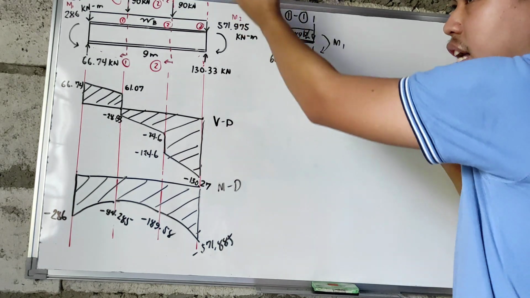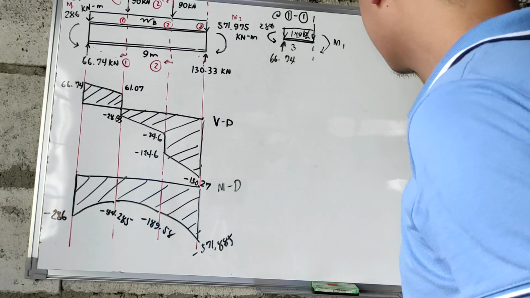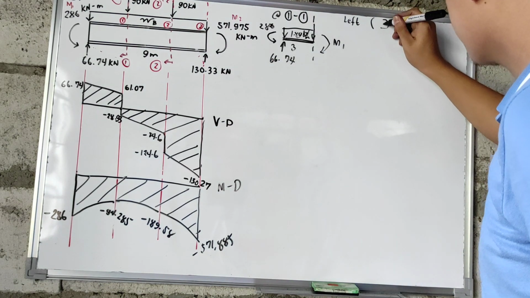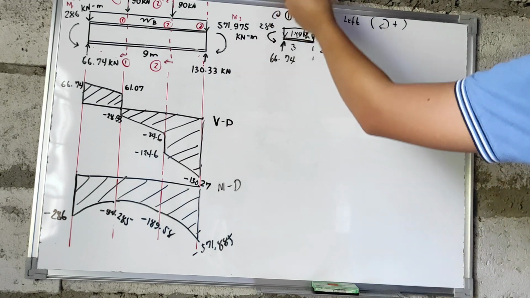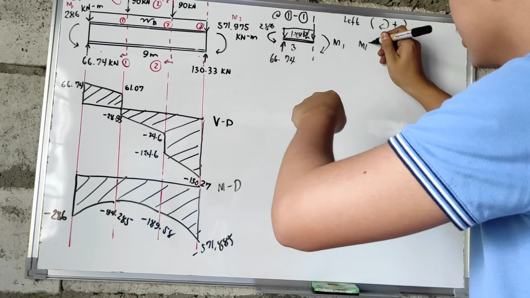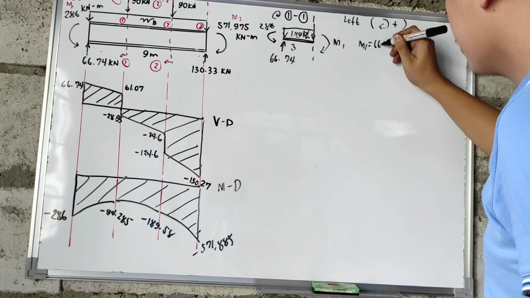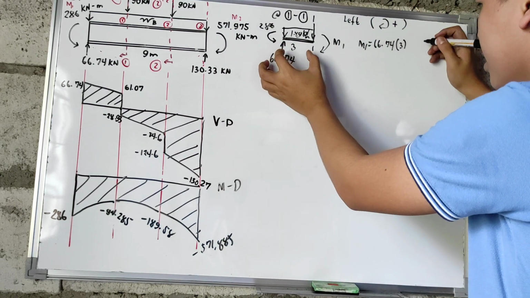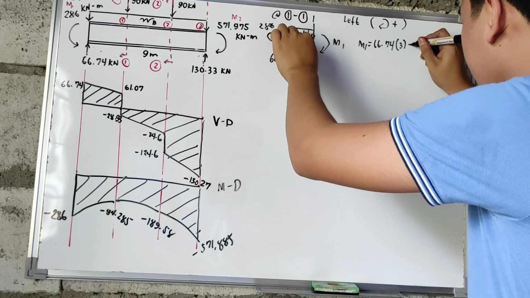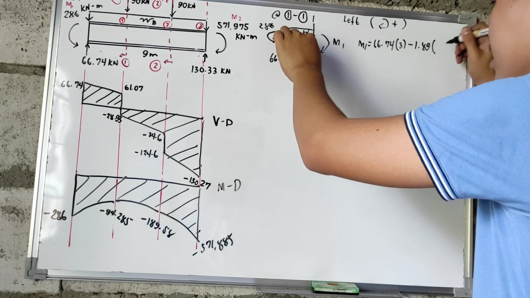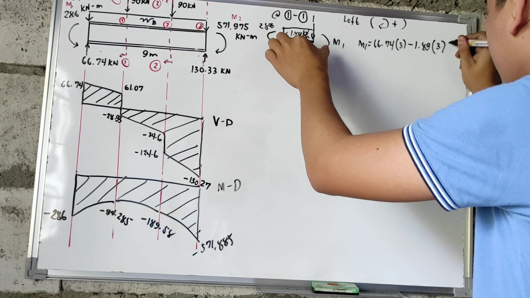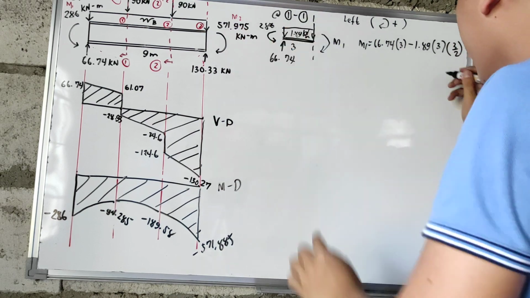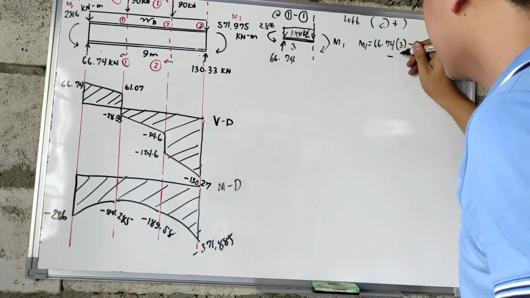So, since na-consider tayo ng left section, kapag sa left section, yung clockwise, positive yan. Okay? Since yung natin dito, clockwise yan, 66.74 multiplied by 3, kasi dito tayo magmo-moment, minus etong 1.89 times natin yung 3, times natin yung kalahati ng 3, minus etong moment natin na 286 since it is counterclockwise.